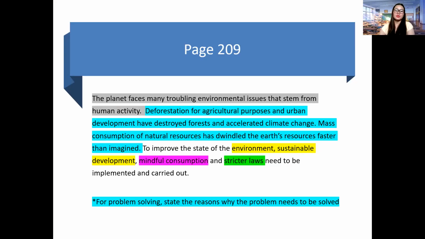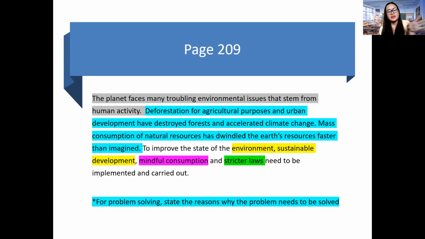Page 209. So go to page 209 together with me and highlight it. The question is a problem-solving question: how to solve environmental issues. The first statement there is general: the planet faces many troubling environmental issues that stem from human activity. It's just a fact, right?